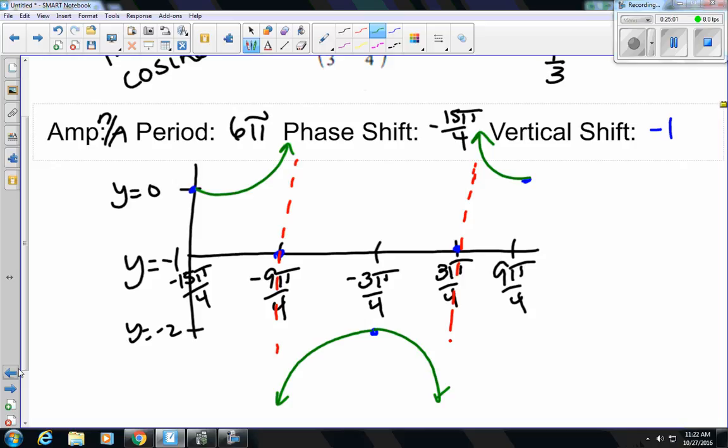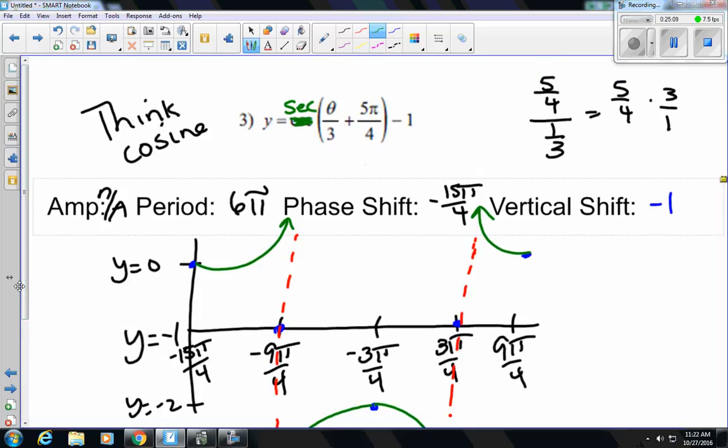I always put the asymptotes at the midline because it just so happens that if I were to put negative 9 pi over 4 into this equation, secant of negative 9 pi over 4 divided by 3 and added 5 pi over 4 and then subtracted 1, my answer would be undefined.